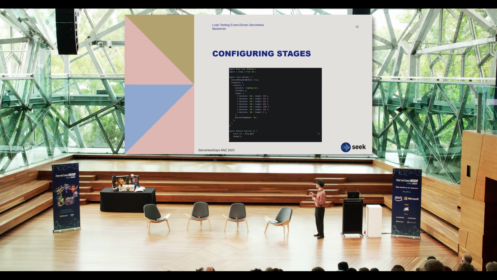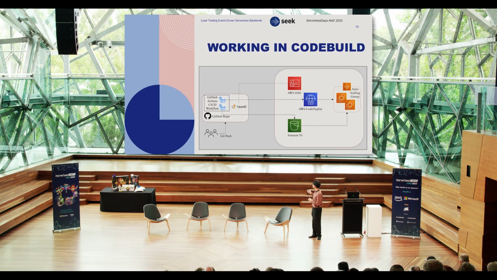We can also add thresholds, so that if we don't reach a particular response time after a certain amount of time, we can get an alarm sent, for example via CloudWatch or something like that. So that's what it's all about.